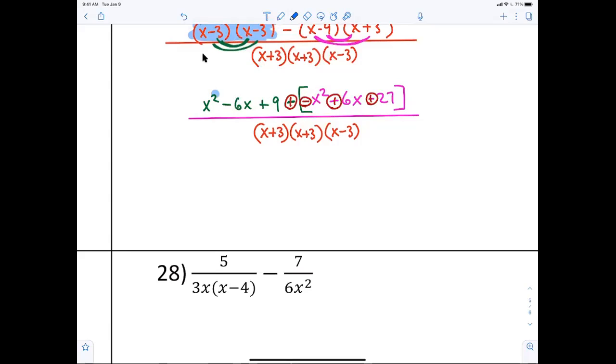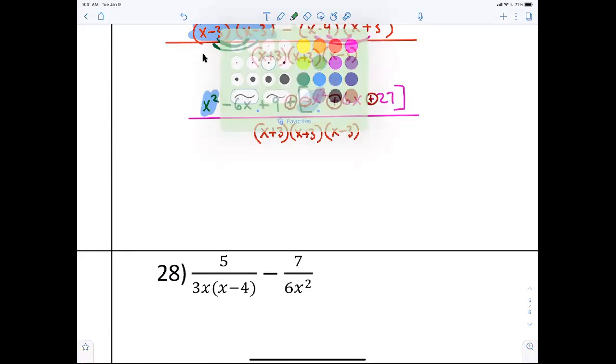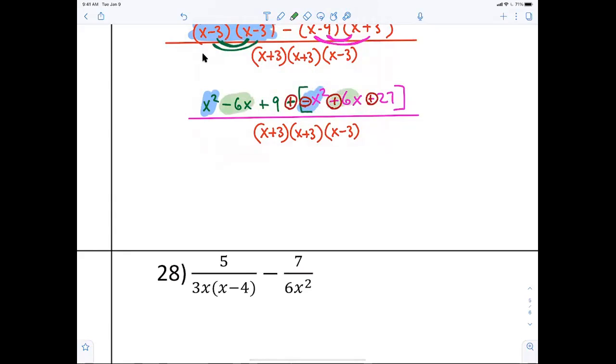Well, what is nice about x squared and negative x squared? And then what's nice about negative 6x and positive 6x? And then what's 27 plus 9? 36. That's how simple that is. Nothing to it. Everybody good?